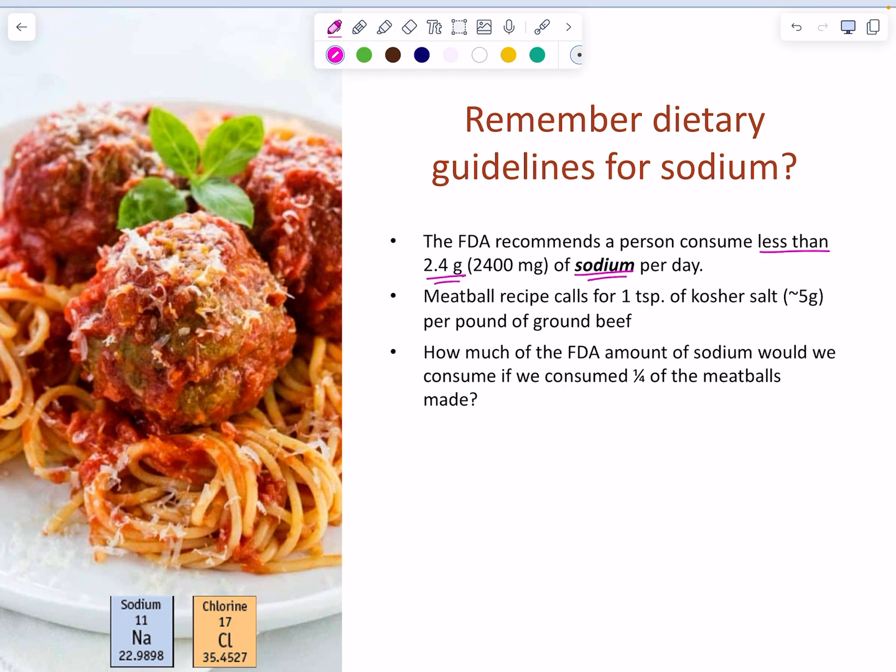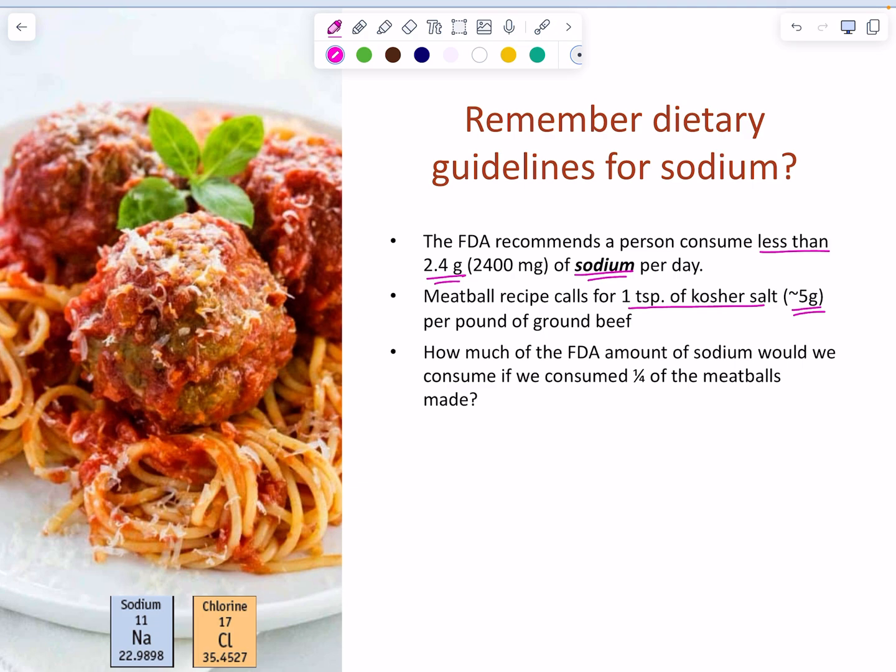Oh, actually, we're making meatballs now. My favorite meatball recipe calls for 1 tablespoon of kosher salt, which I weighed, and it weighs about 5 grams. So we're going to call 1 tablespoon of the salt 5 grams, per pound of ground beef.